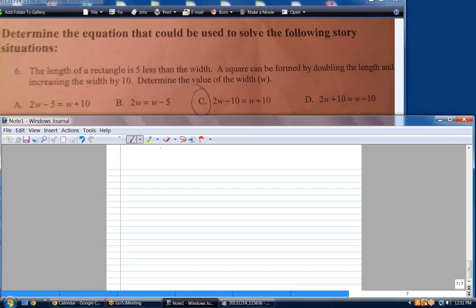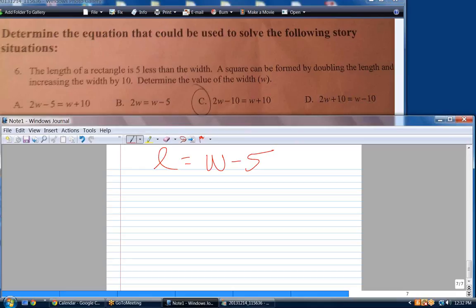W equals, or no, L equals W minus 5. And then by doubling the length and increasing the width by 10.